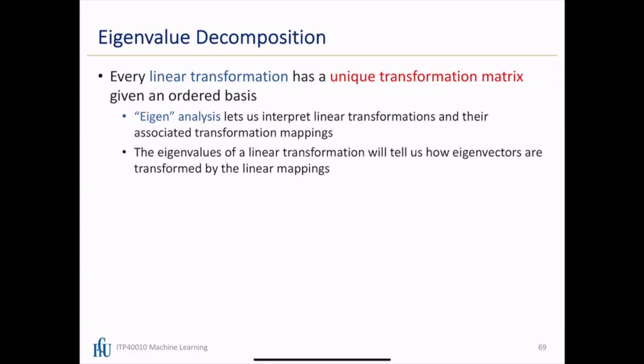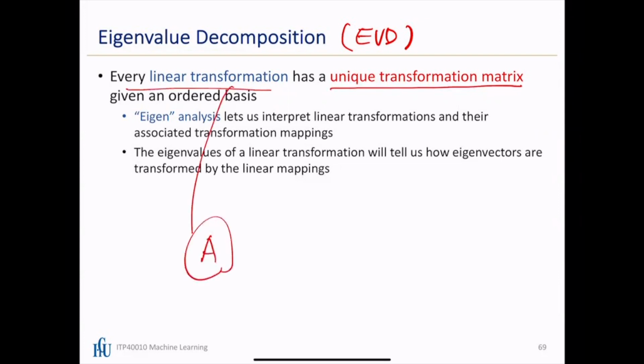Eigenvalue decomposition. If you have studied linear algebra, you may remember eigenvalue decomposition, because it is one of the largest and most difficult topics in the course. Let's quickly read the idea. Every linear transformation has a unique transformation matrix. Every linear transformation means every matrix.